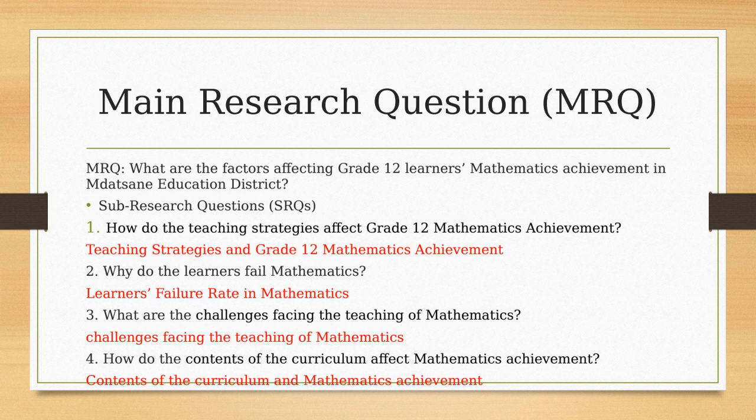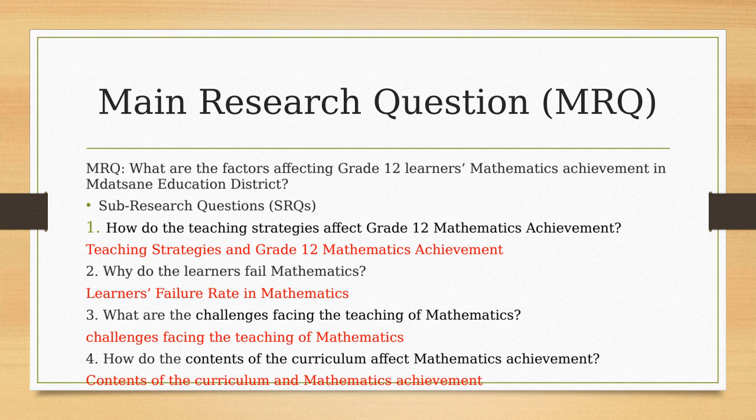So number 3 of the assignment says that you should develop a literature review from your sub-research questions. The answer to that is what you've seen in the red color there. The red color is the literature review generated from the sub-research questions.